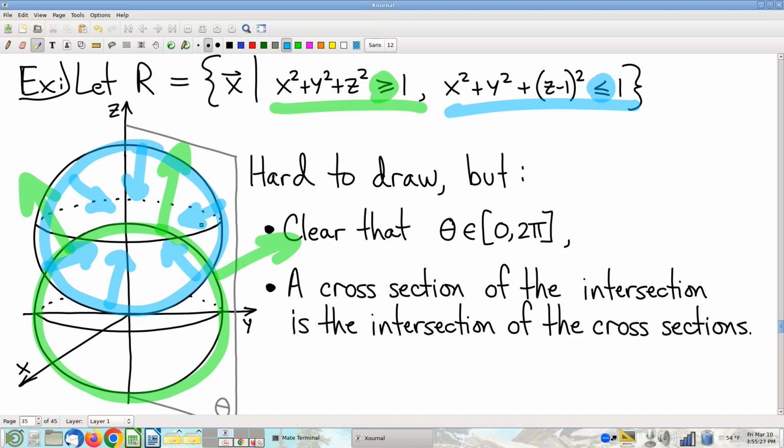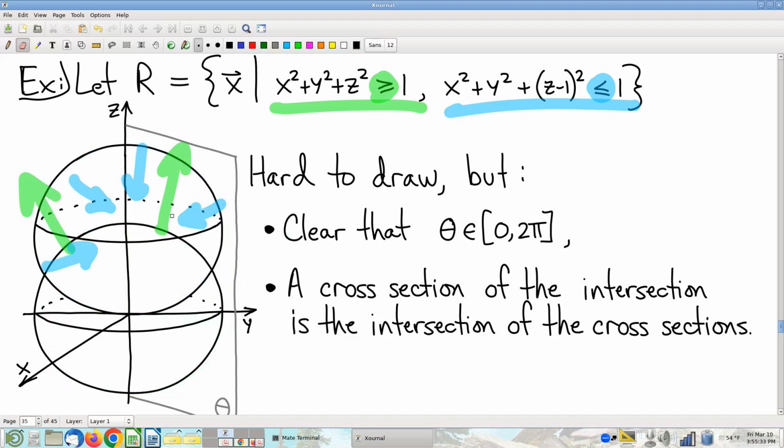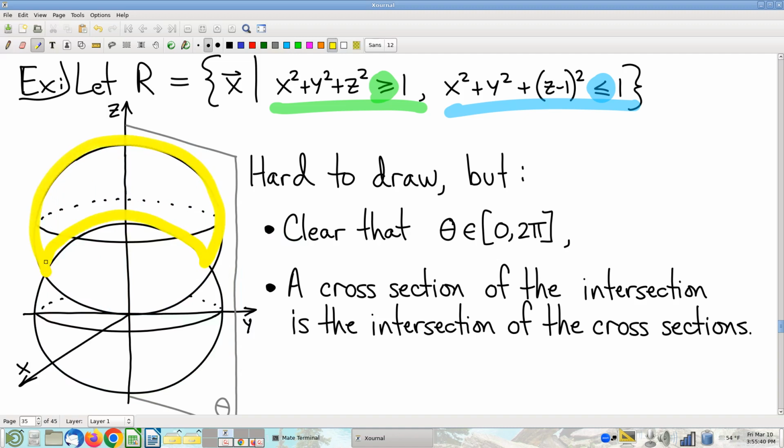What part of this picture qualifies as points that are inside of the blue and outside of the green? It's just this business here. I always feel the need to shade in all the way. This is probably a little OCD on my part. There we go. So that's our domain. That's our R. Everybody with me?